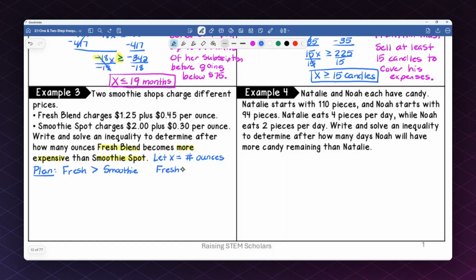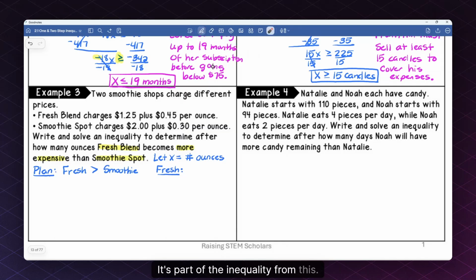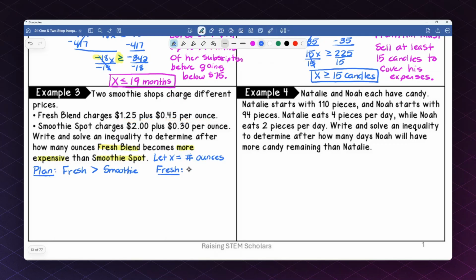So fresh, we're going to get its part of the inequality from this. It charges $1.25 plus 45 cents per ounce, and we defined our ounces as x.